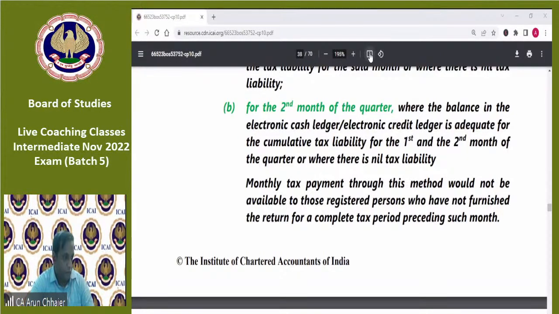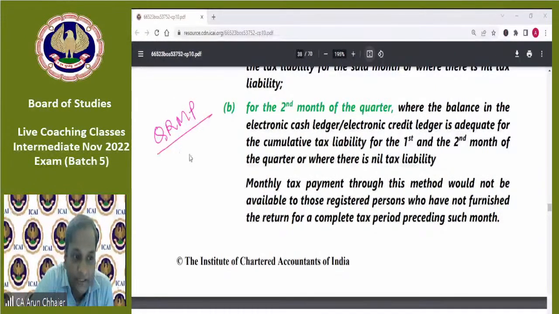She is saying if opted for QRMP earlier, then 35% of aggregate cash paid under tax, and if monthly, then 35% tax paid in the last quarter, that respective quarter. If you are under QRMP, then only you are calculating this 35% or 100%.